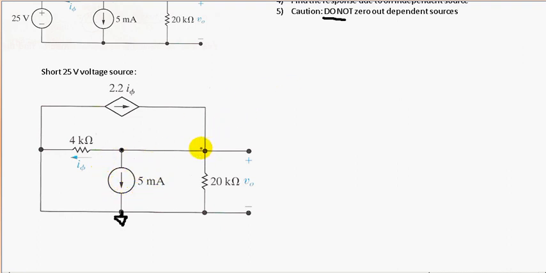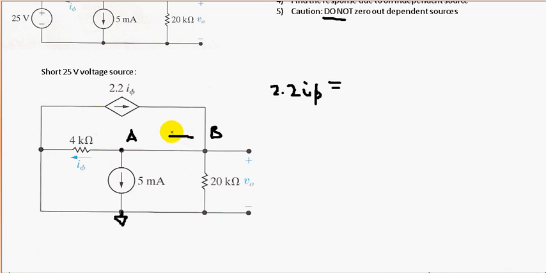I like to use node voltage analysis, so let's do that right here. Let's clear our nodes: node A, node B. Now let's find the currents going into node B and the currents going out of node B. Using Kirchhoff's current law, the currents going in are equal to the currents going out.